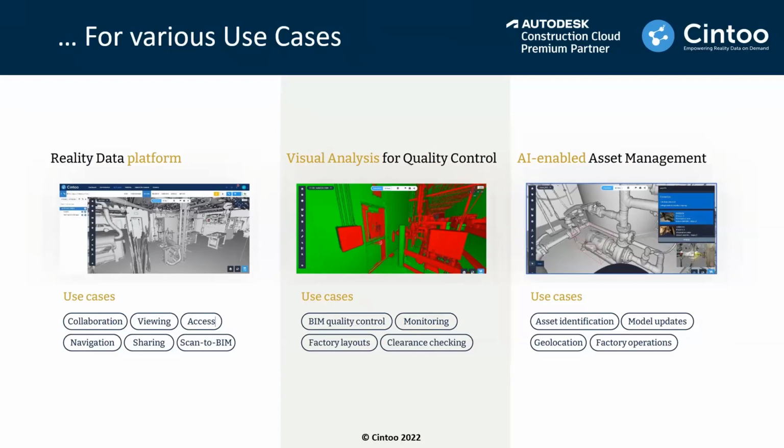Number 2 is the one in the middle, when you need to compare your as-built conditions or your existing conditions with your BIM or CAD model, eventually to detect issues and make the right decisions. This is what we do for the BIM and construction, but also the digital twin industry. The one on the right-hand side is everything around asset management, how you can use your laser scan data to geolocate, tag, classify your equipment inside your facilities, and then eventually connect this viewer to your IoT platform or your digital twin platform.